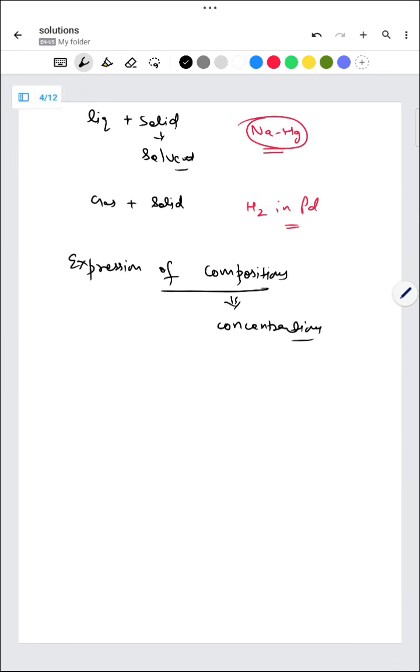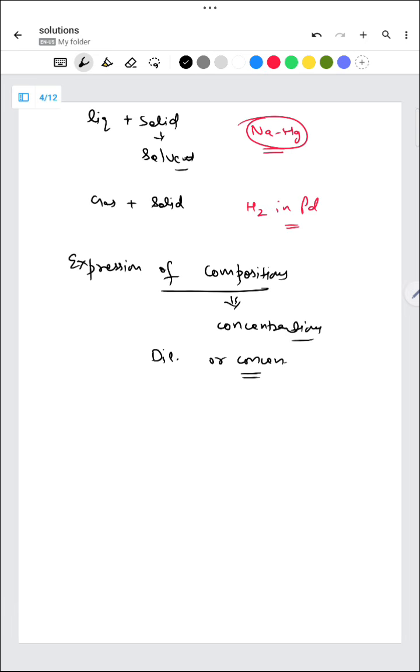The composition can be of two types: qualitative and quantitative. For example, if we say a solution is dilute or concentrated, it is only qualitative information. But what kind of concentration it is, what amount of solute we are using in a solution, we can't predict on the basis of only qualitative information.